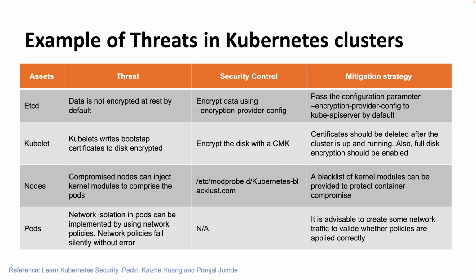When you are leveraging Azure Kubernetes Service, etcd is encrypted by Microsoft, but you also have the capability to add another layer of security and encrypt etcd with your own key. And that is also very, very important.